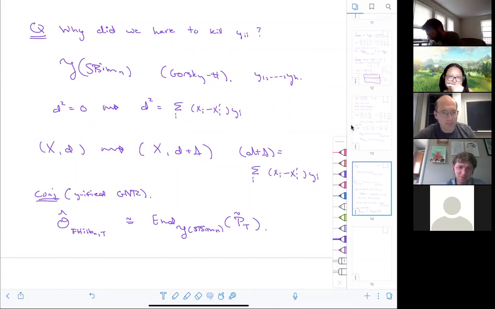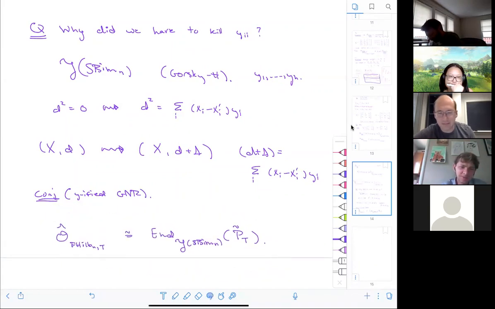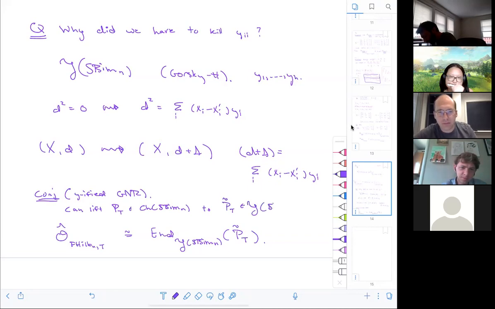But yeah, conjecture 0: you can lift PT from the category of complexes of Soergel bimodules to something in the y-ified category, in such a way that this endomorphism ring, or some completion thereof, is this endomorphism algebra.